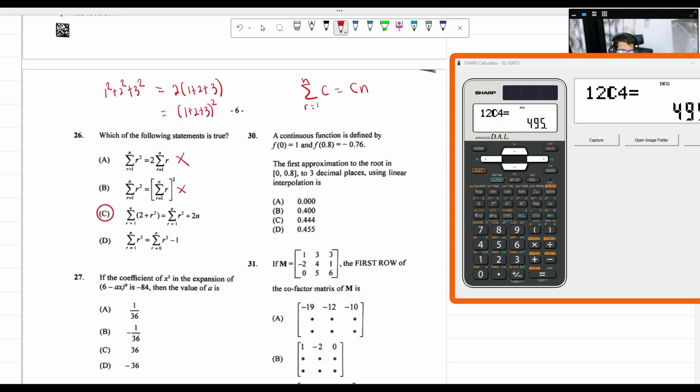And let me just check part D. Part D says r squared minus 1, which is going to be 1 squared minus 1, plus 2 squared minus 1, plus 3 squared minus 1, and that's not equal to each other as well. All right?